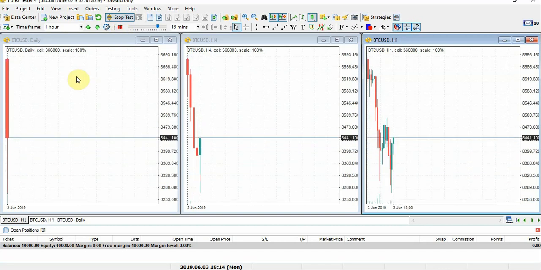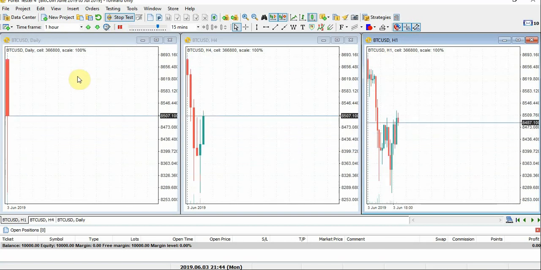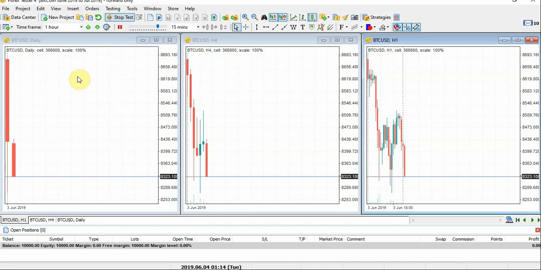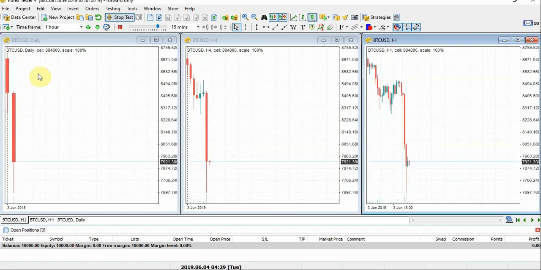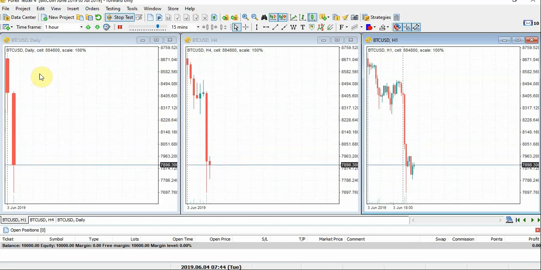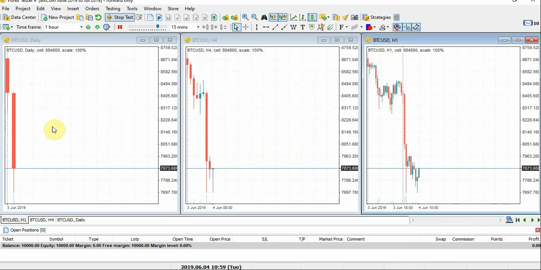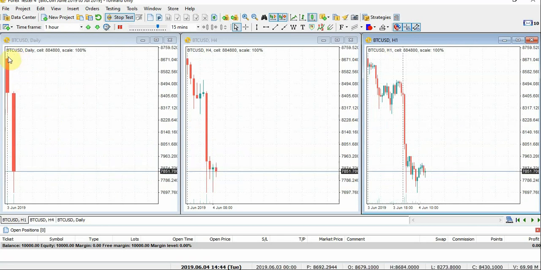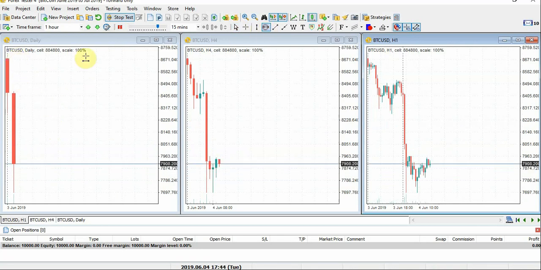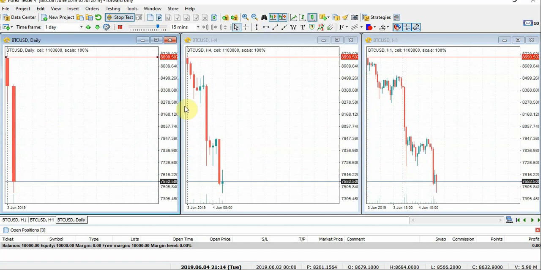So June is starting off negative. So we need June to flip to a positive stance before we can think of buying at all, right? So the daily has to flip to a positive bias. We have to get back above here. Let's just put that in there.